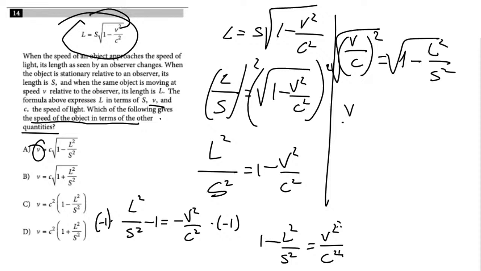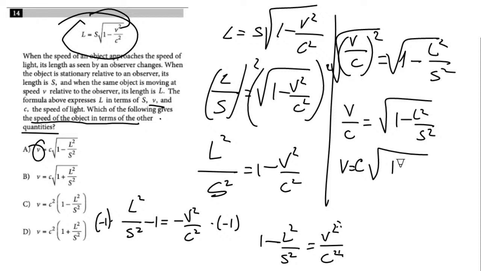I get v divided by c is the square root of 1 minus L squared divided by s squared. Then I multiply both sides by c to get v free. So v equals c times the square root of 1 minus L squared divided by s squared. So this is our answer. In this case, it's A.